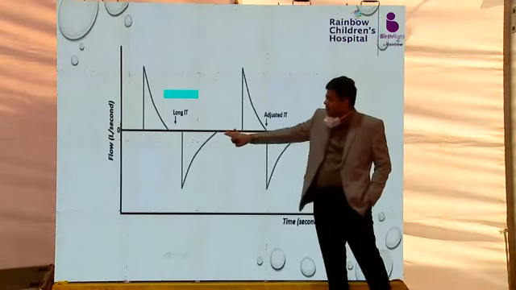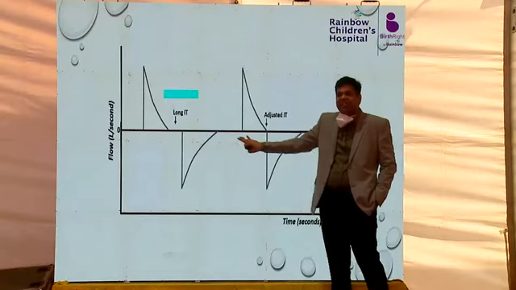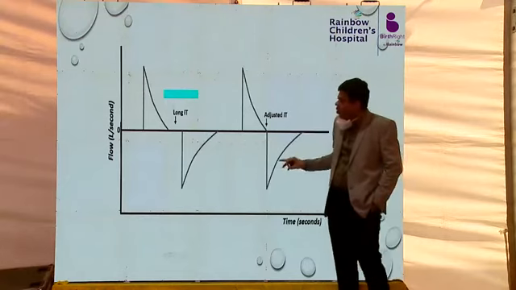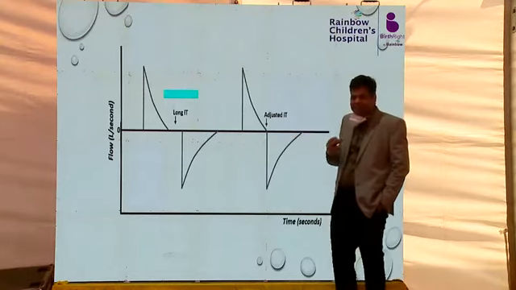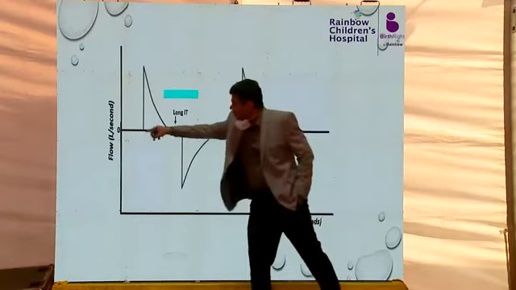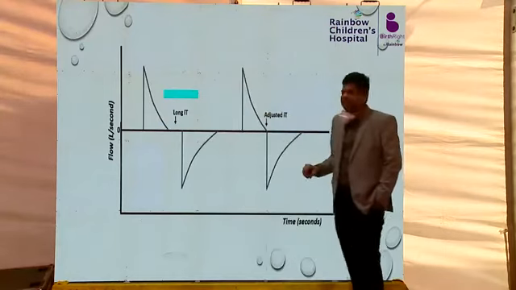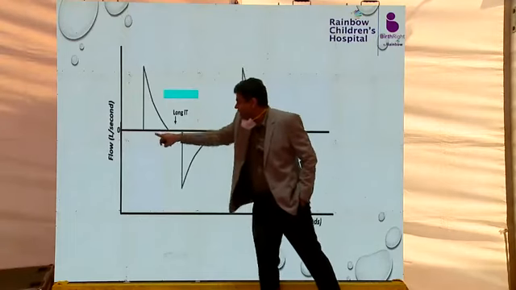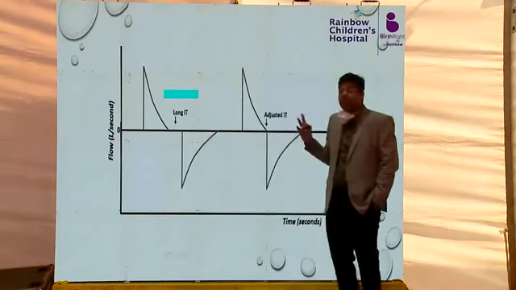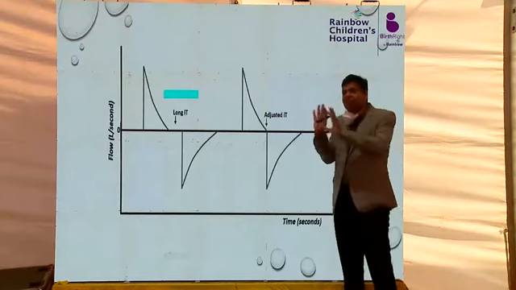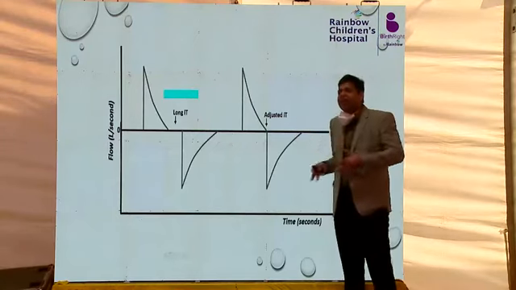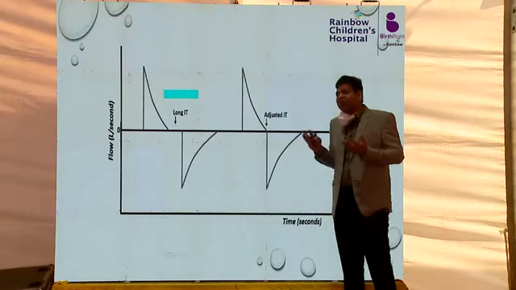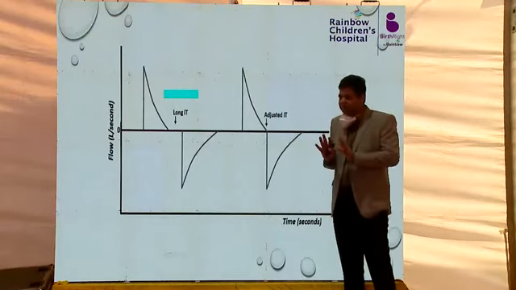Okay, so what is happening here? It's a very long TI. The inspiration is ending here, but suppose this was 0.3 and you have kept a TI of 0.5. The machine will keep on giving pressure so that the baby can't expire. After 0.5 seconds, the baby will expire when the machine stops giving pressure.